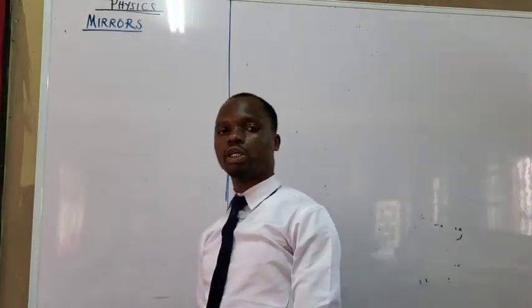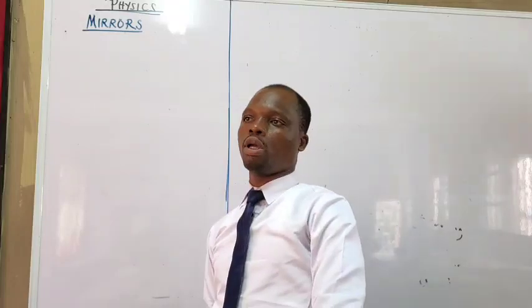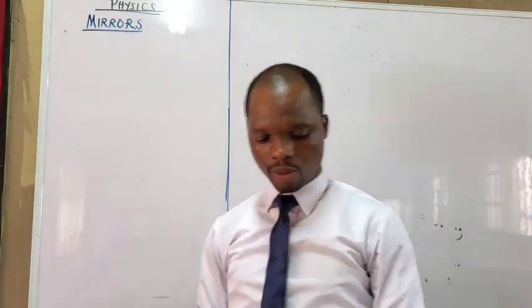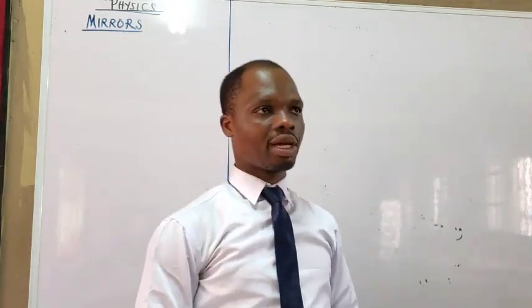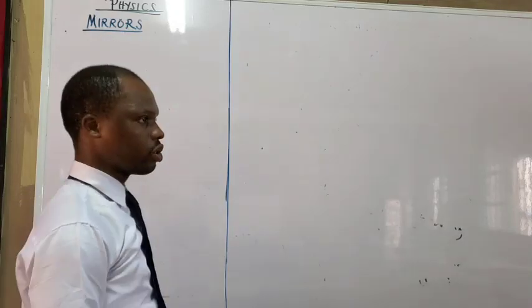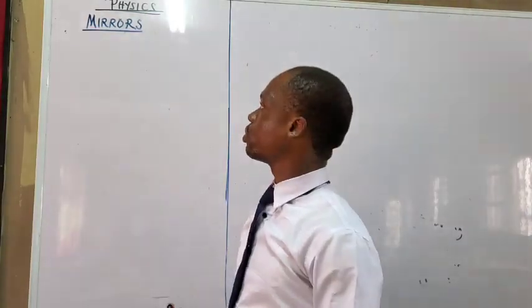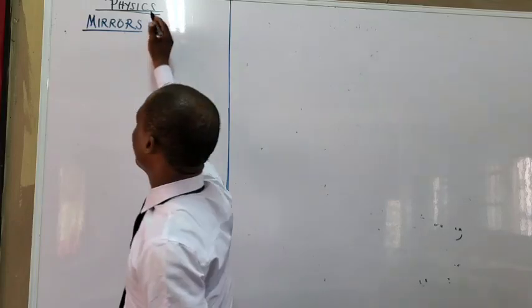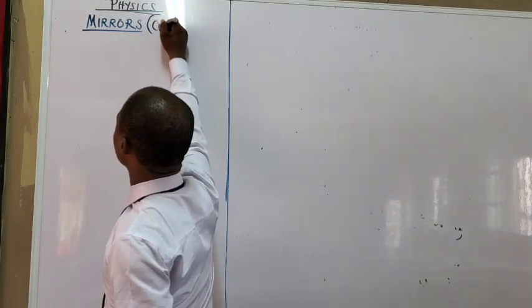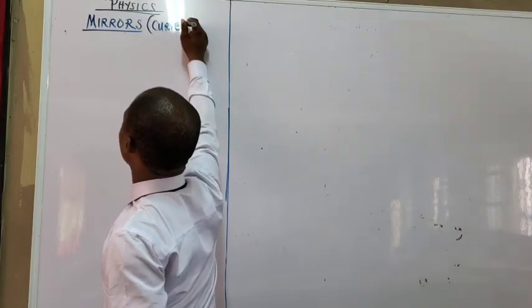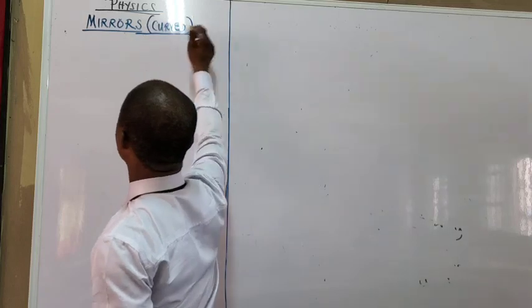Today we are going to be talking about mirrors. When we talk about mirrors, we have different types of mirrors. The two major types of mirrors that we have, apart from the plain mirrors, we call them curved mirrors. We have plain type mirrors and curved type.